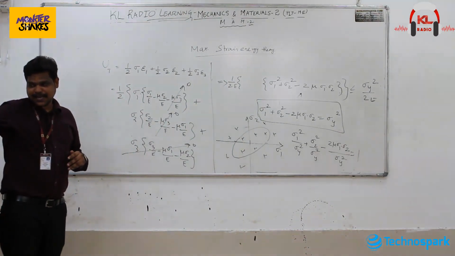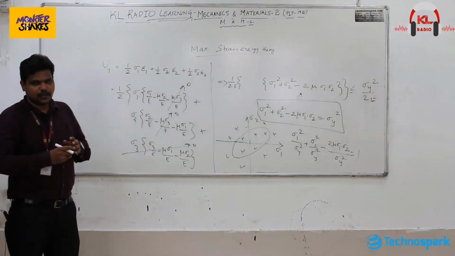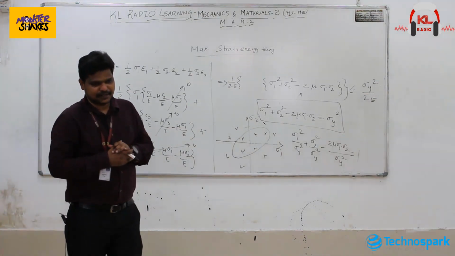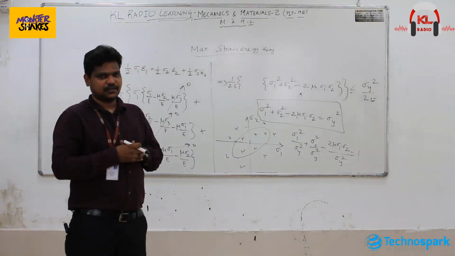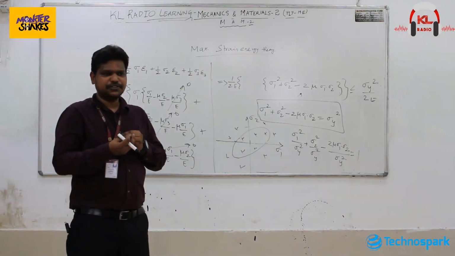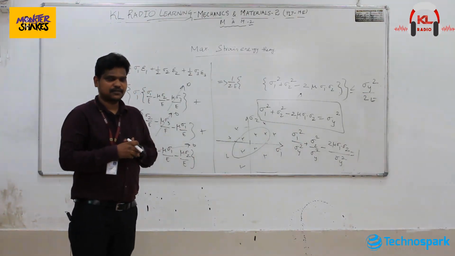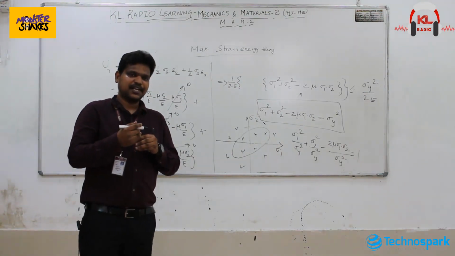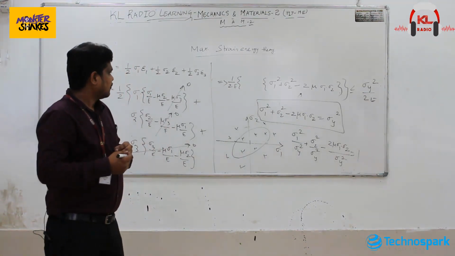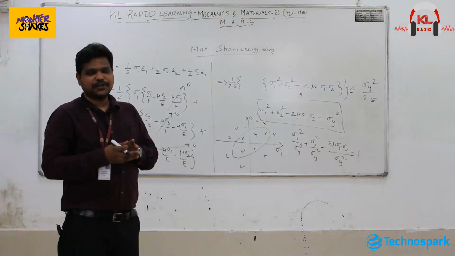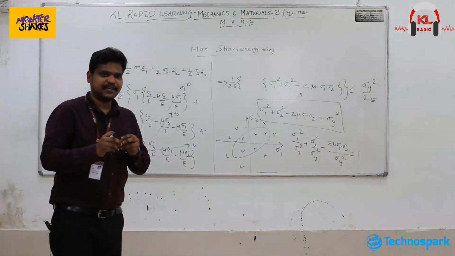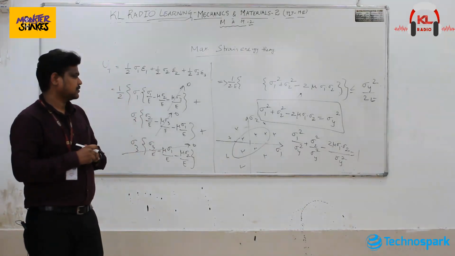So let me summarize the maximum strain energy theory. According to maximum strain energy theory, the total strain energy per unit volume induced in the material under biaxial or triaxial loading condition should be less than the total strain energy per unit volume in a material under uniaxial loading condition.